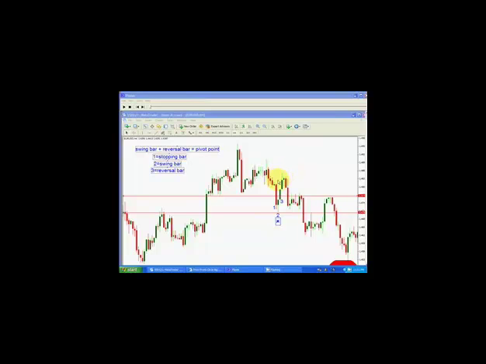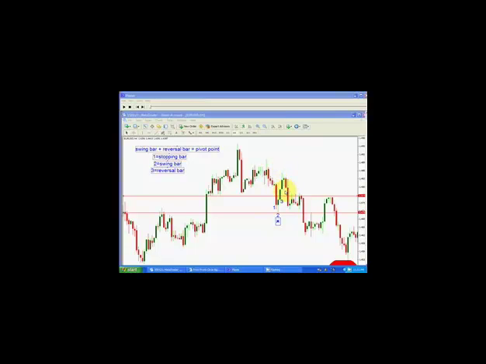When we look at a chart, the first thing that we want to do is determine where is overhead resistance, meaning an area of price location which will abruptly stop or at least cause the up move to lose some steam or momentum.